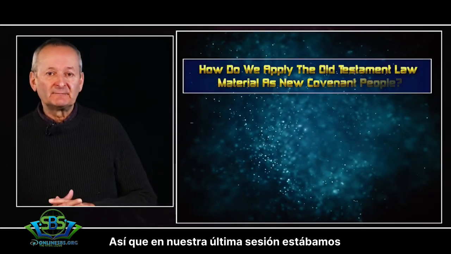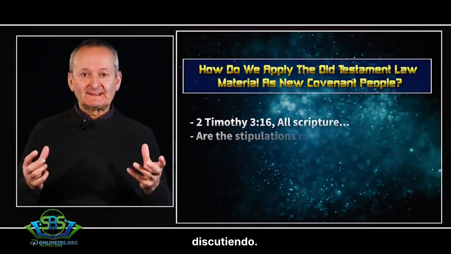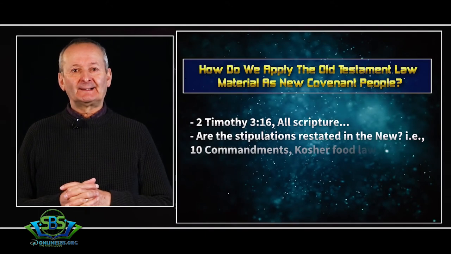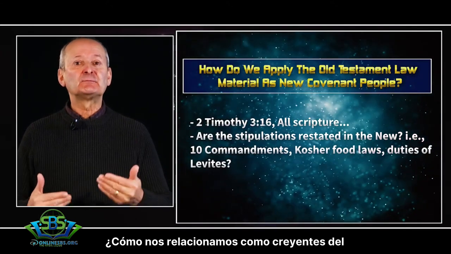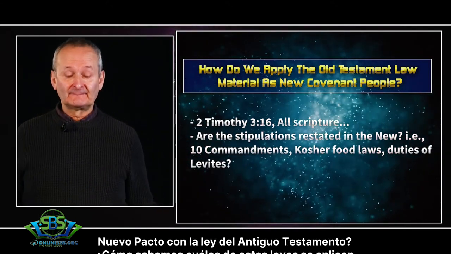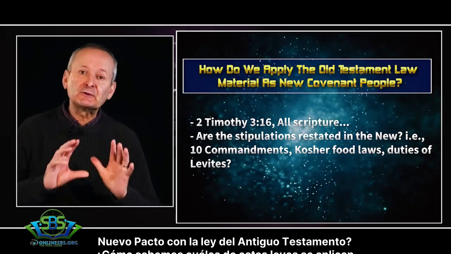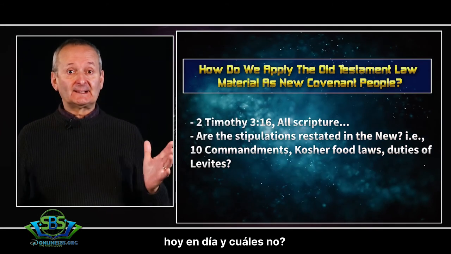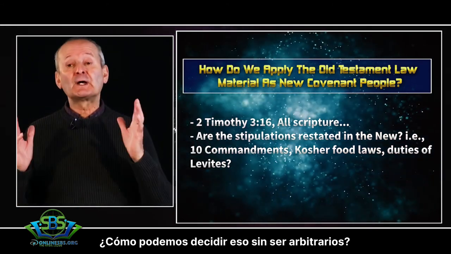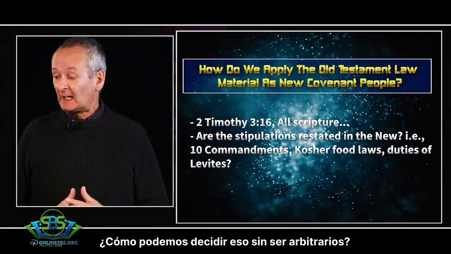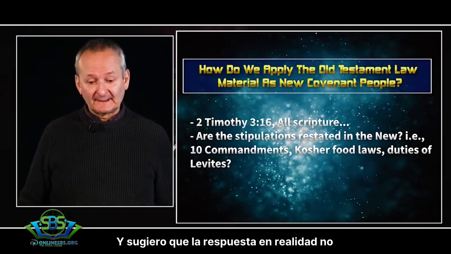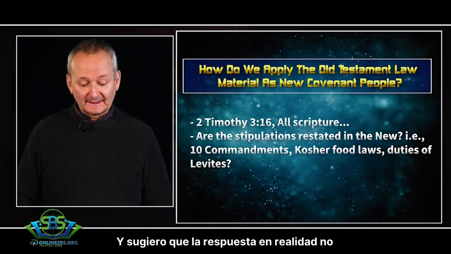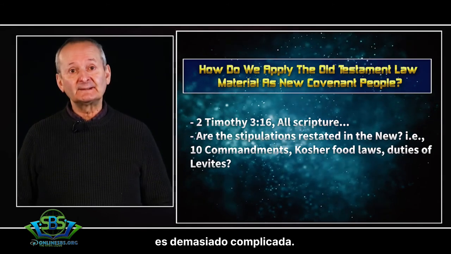So in our last session, we were discussing how we relate as New Covenant believers to Old Testament law. This question, how do we know which of these laws apply to us today and which don't? How can we decide that without being arbitrary? And I suggested that actually the answer is not too complicated.